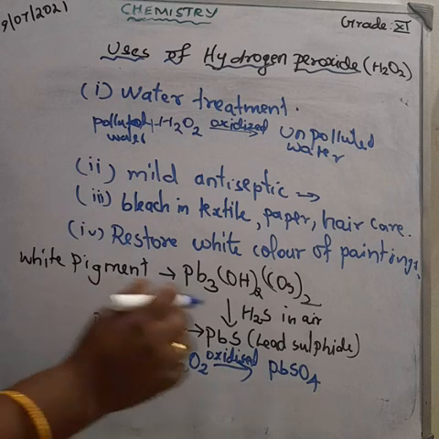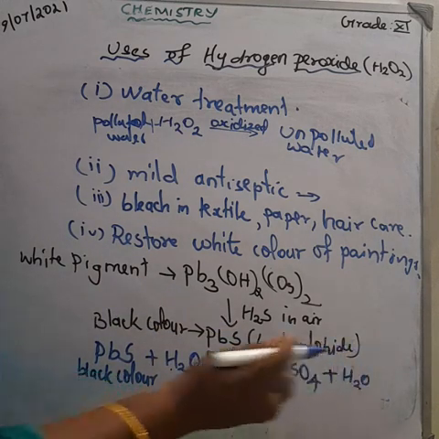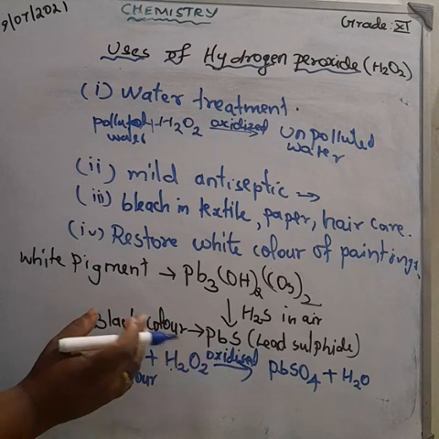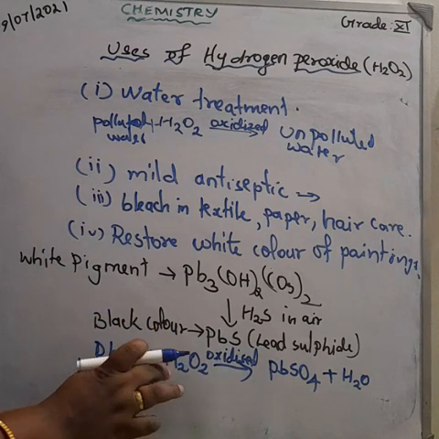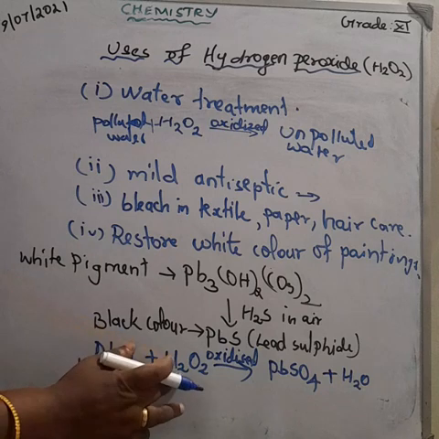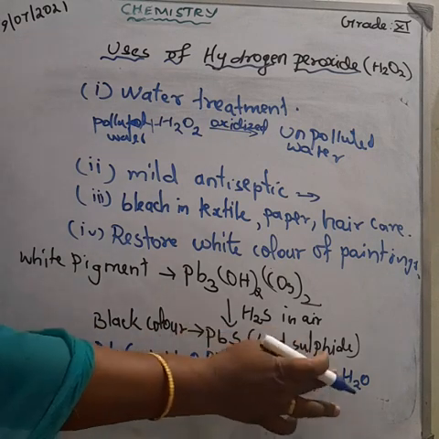Hydrogen peroxide is both an oxidizing and a reducing agent, so a redox reaction takes place when we use it. Hydrogen peroxide oxidizes lead sulfide to lead sulfate, and it is reduced to water, H2O.